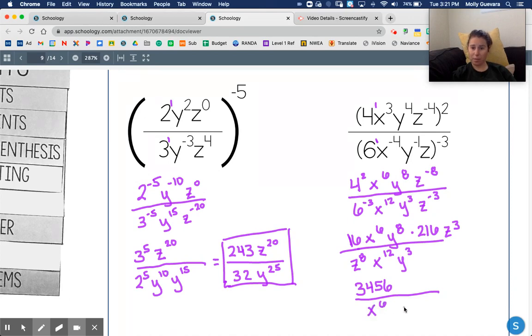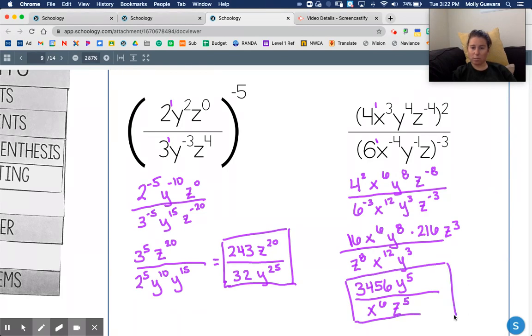Then my y's, I have 8 on top and 3 on bottom, so 3 cancel, which means I'm left with 5 on the top. And then z's, I have 8 on bottom, 3 on top, so 3 cancel, and I'm left with 5 on the bottom. That's it.